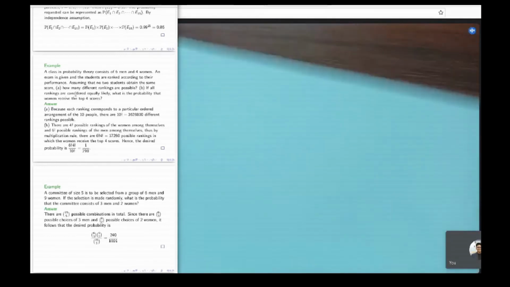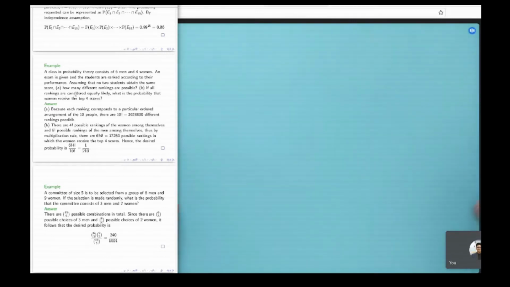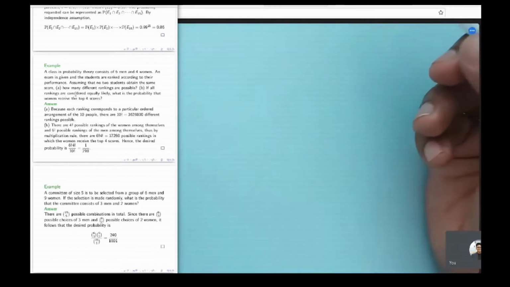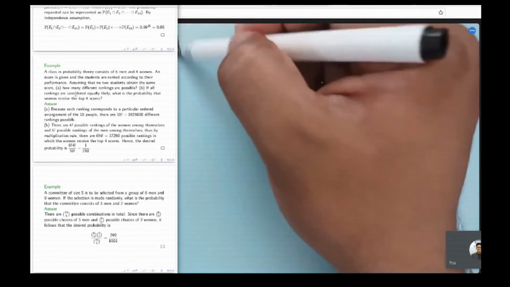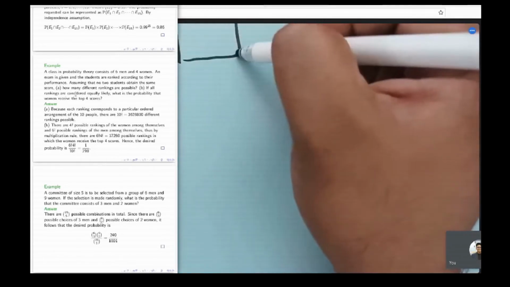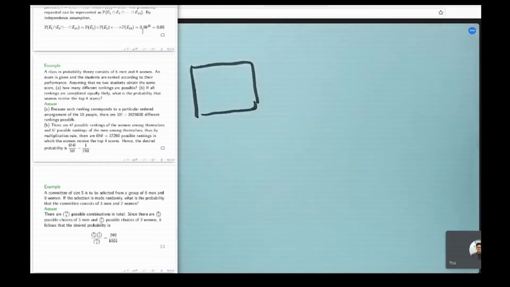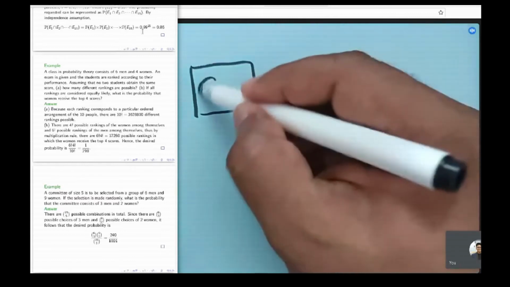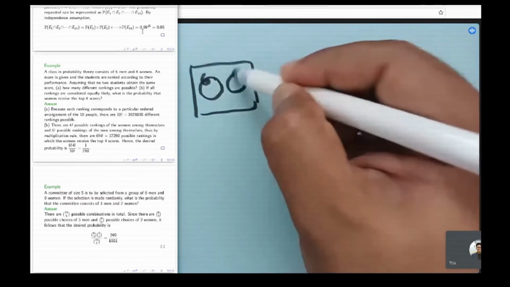Okay, there is a probability class, right? So a class in probability theory consists of 6 men and 4 women. So you have 6 men and 4 women.